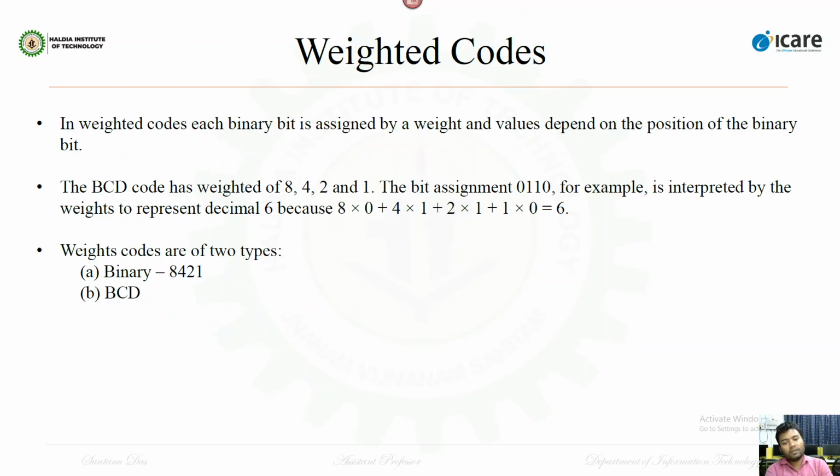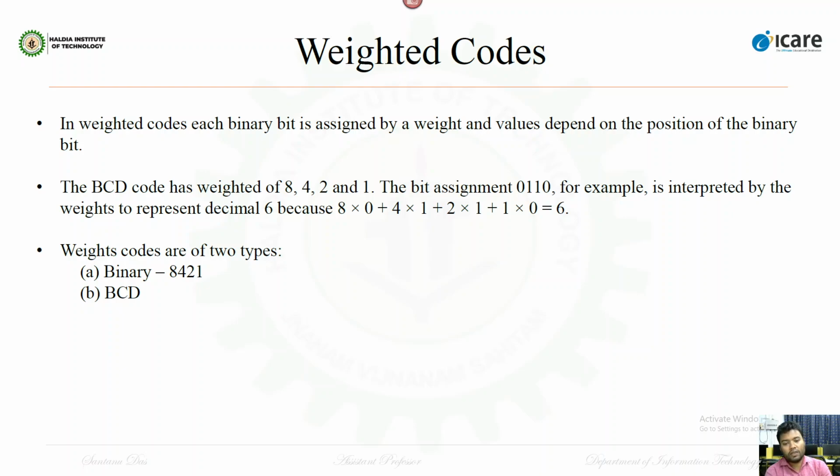In weighted code, as the name says, for each position there is a weight for that place value. As the BCD code shows, this is an 8-4-2-1 weight assigned to the BCD code.